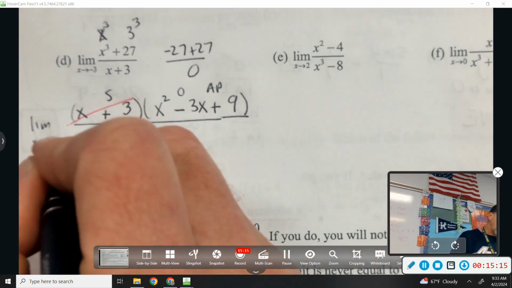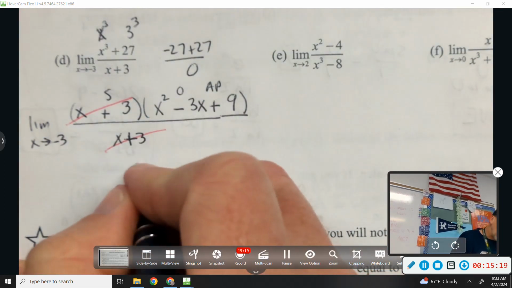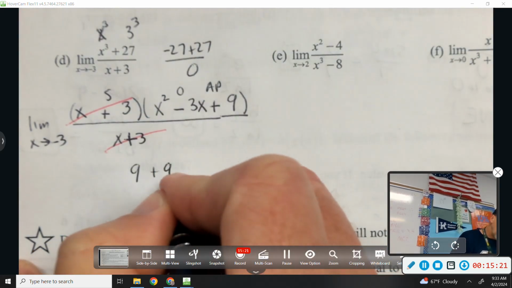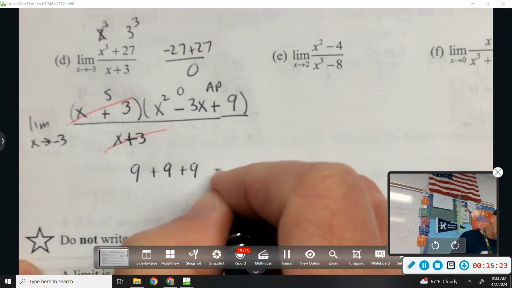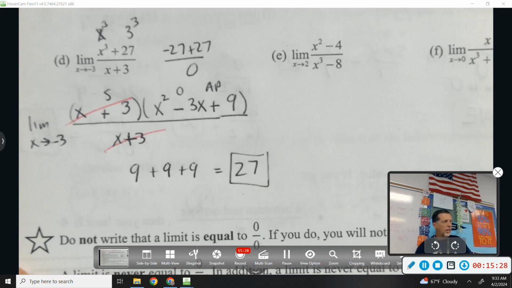And then let's try again by plugging in negative 3. So that would be 9 plus 9 plus 9, which is 27. So in this case, 0 over 0 equals 27. Again, that's not a true statement. I shouldn't say it that way.